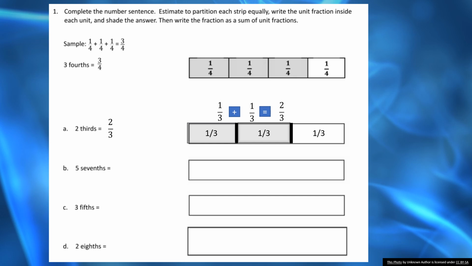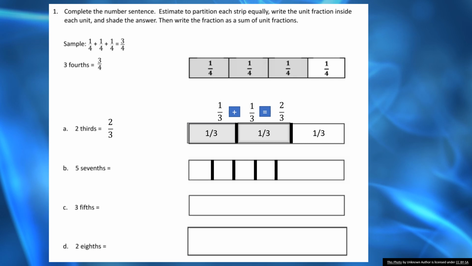Now let's go ahead and look at B. B wants us to display or show 5/7. So first, we're going to partition or divide the rectangle across from B into 7ths. To do that, we need 6 lines. So let's put a line about here, here. 3 lines.